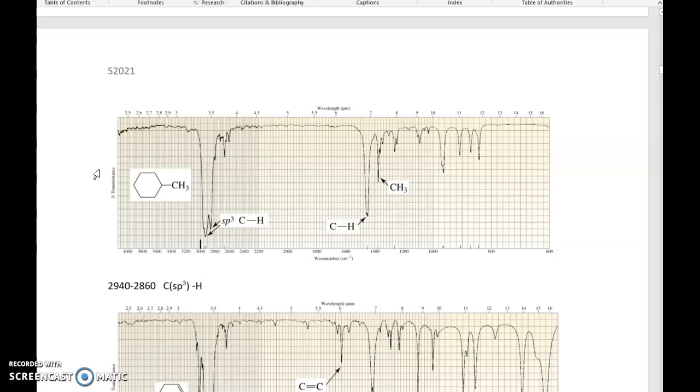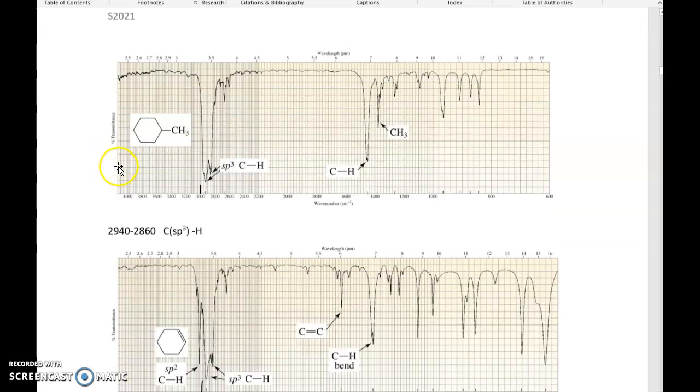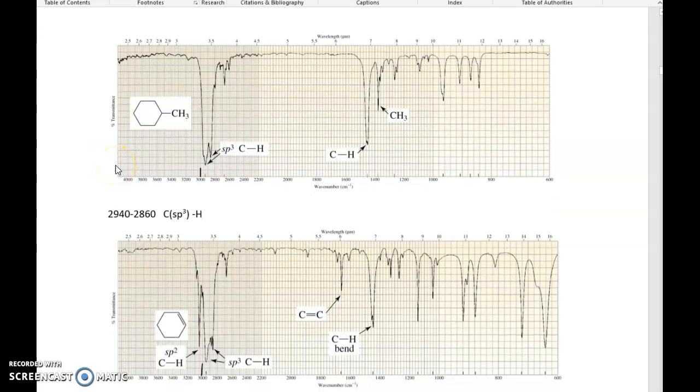So let's look at this in some examples. Here we have this molecule. It has no double bonds, so all we have is carbons attached to sp3, and that's what we see here. I've marked the 3000 right there. These two peaks are below that 3000.